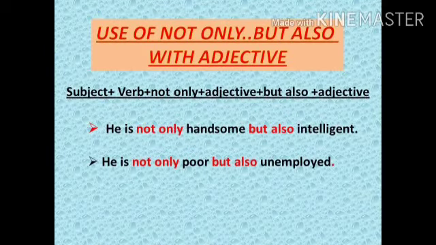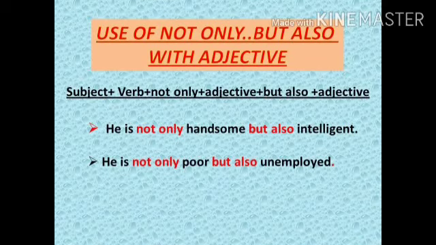Now, use of not only but also with adjectives. Structure is subject plus verb plus not only plus first adjective plus but also plus second adjective. This rule is when we have two adjectives in a sentence. Look at these examples. First, he is not only handsome but also intelligent.